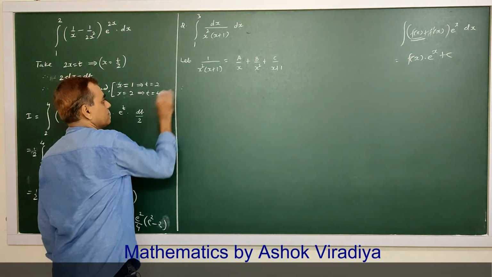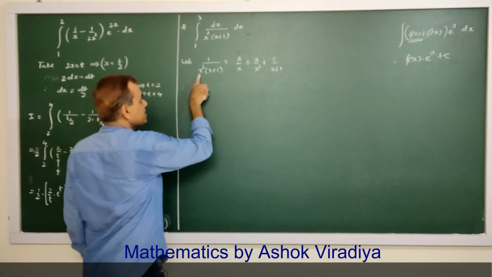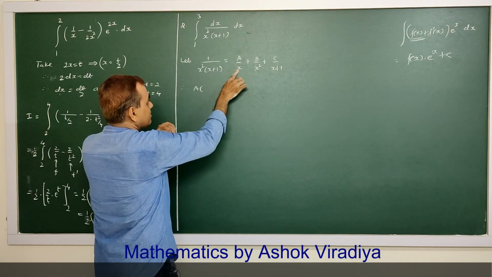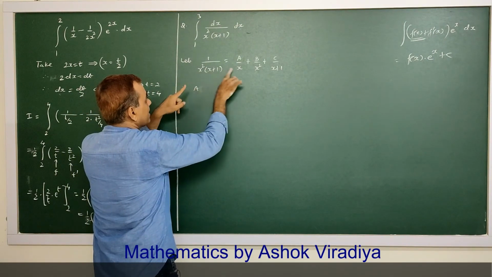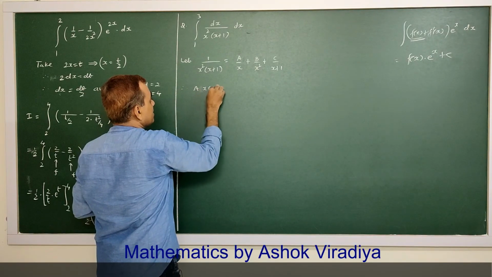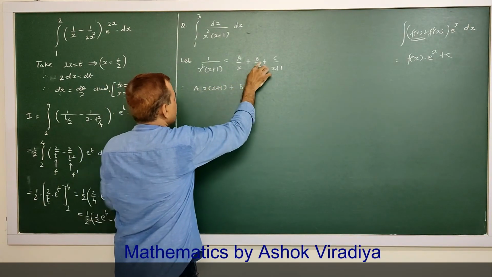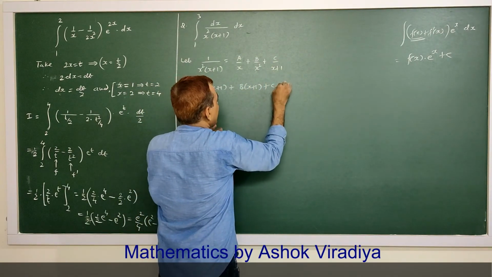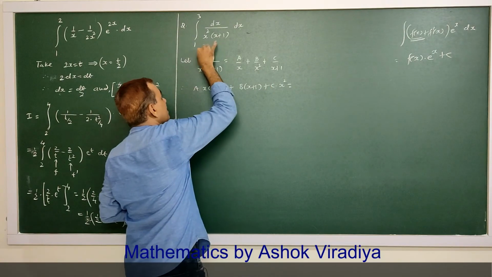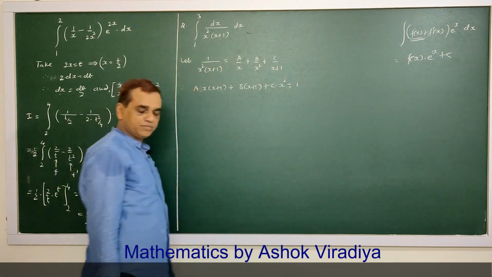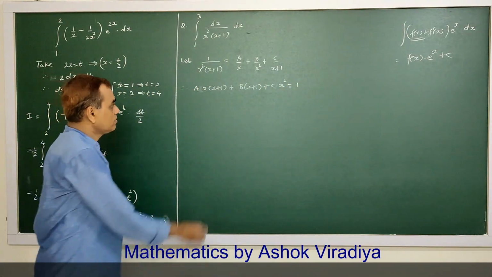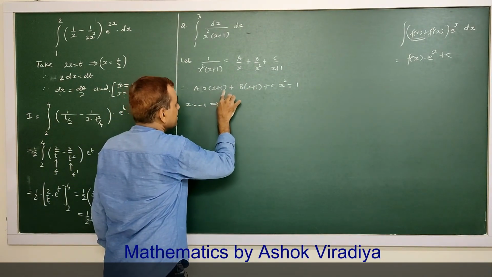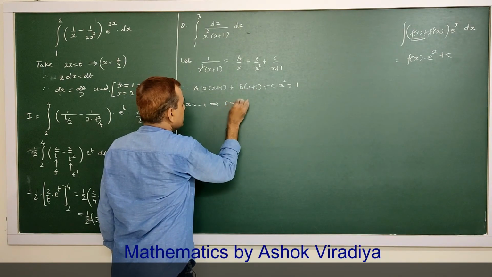So therefore now its LCM, so a into what is left from this part, x into x plus 1, plus b into x plus 1, plus c into x square equal to 1. Now choosing x equal to minus 1, this will be 0, this will be 0, so c is 1.